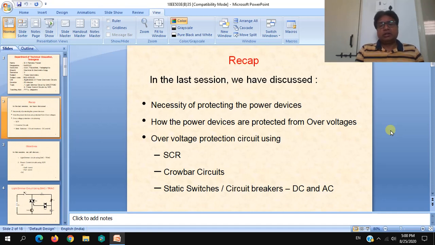Likewise, now from this session onwards, we will be discussing the typical applications of power electronic devices and specifically designed circuits to suit different applications. As mentioned in the previous slide, we will be specifically discussing two such circuits in this session.